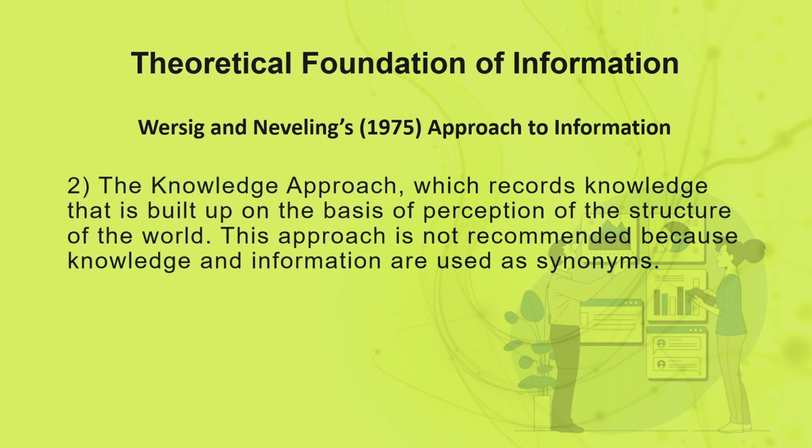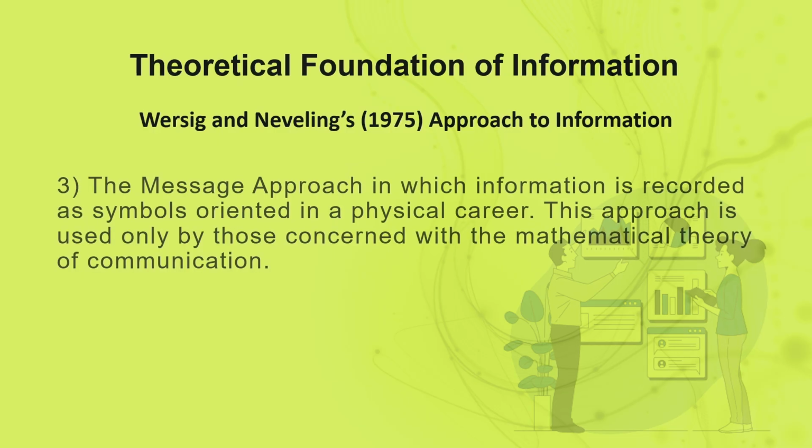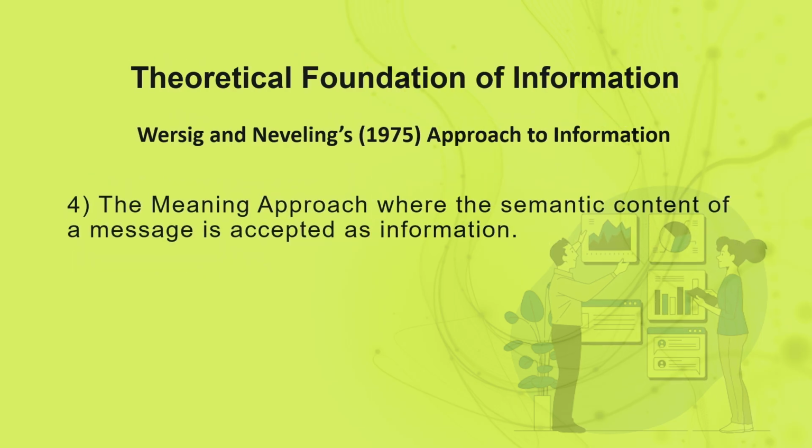The knowledge approach records knowledge that is built up on the basis of perception of the structure of the world. The message approach, in which information is recorded as symbol. The meaning approach, where the semantic content of a message is accepted as information.